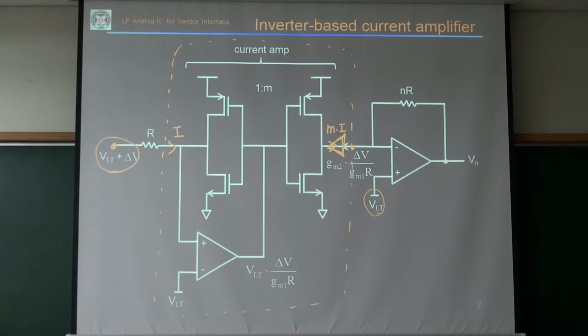So this is only an inverter, right? It looks like an inverter, and a large inverter. If this is I1, there is I1, and then I have an OTA here.